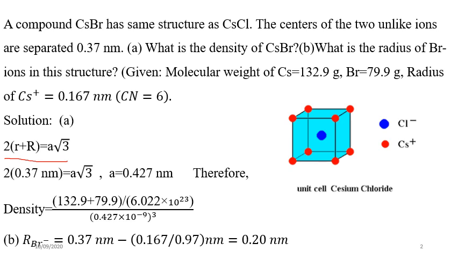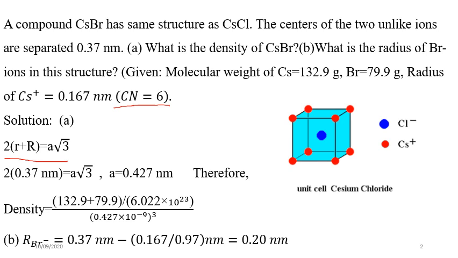That would give us the radius of bromine, but it is not so, because of the coordination number. The coordination number mentioned is 6, but in this structure there are 8 corner atoms very close to the central atom. Similarly, for each corner cesium atom there will be 8 bromine atoms close to it. So the coordination number of each cesium atom is 8. To get the radius of cesium corresponding to coordination number 8, we have to divide by 0.97.